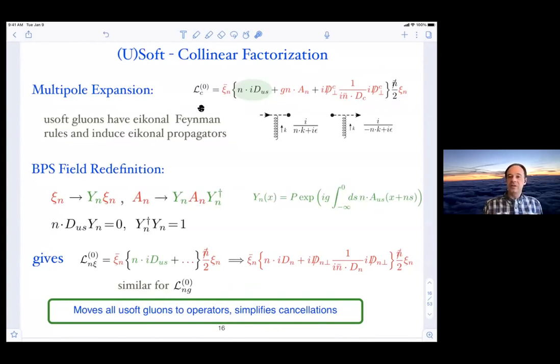Here, the way that it works in the EFT is that you can write down a Lagrangian where they couple, but they only couple in a special way with one type of covariant derivative. And then you can decouple them by making a field redefinition, basically by redefining the collinear field with a Wilson line that's a soft Wilson line. And then likewise for the gluon fields, which is kind of an adjoint version of the field redefinition.